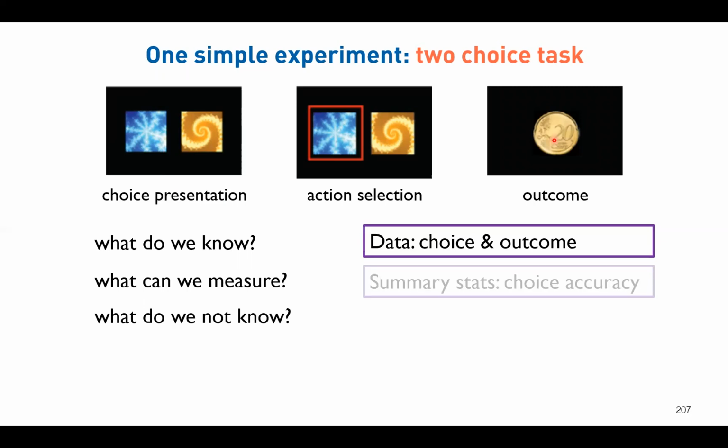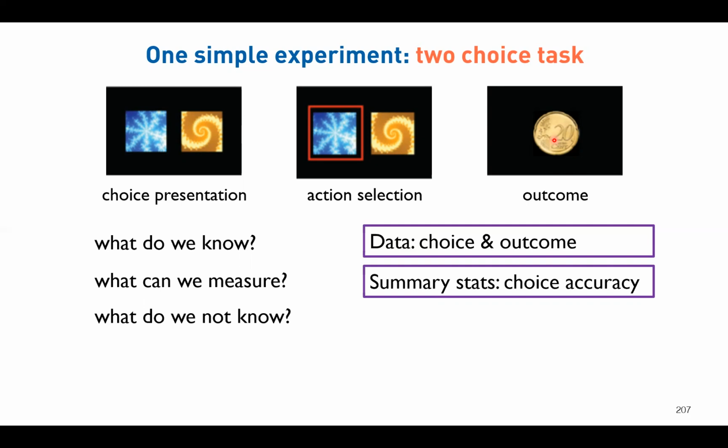What we can measure is how often the participant is choosing the better option, and this is the accuracy, and we can calculate the accuracy per person, okay? And then this is already the end point if we do not use cognitive models. We give a task to the participants, we analyze their accuracy, and that's it. That's already the end of the story without a model.